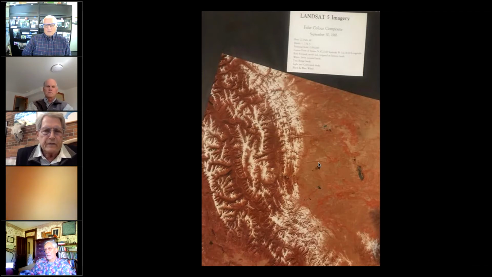You see here in this photo a Landsat 5 image. This is dated in the mid-1980s, I think. My eyes are getting bad. I can't quite read the date on it, but this was an example of a technological advance that was being made in this time period.